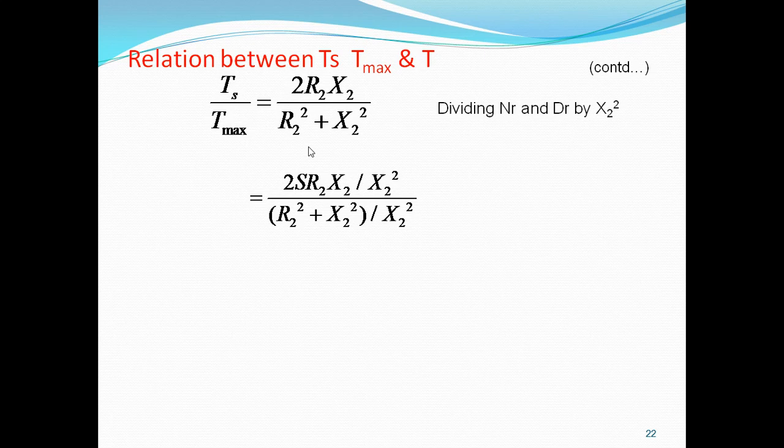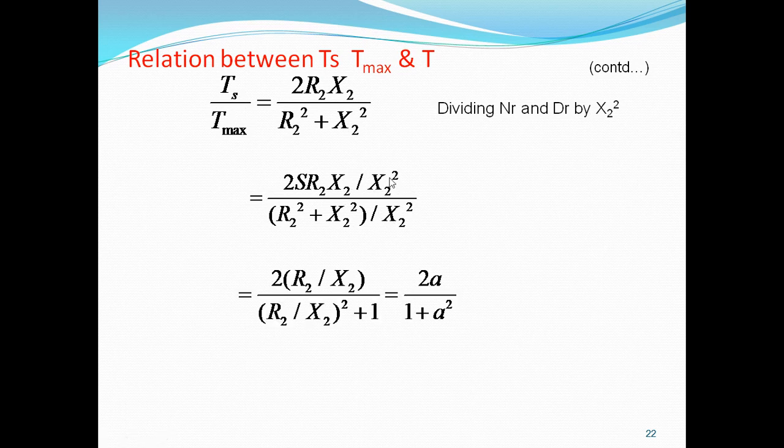Then X2 gets cancelled and it becomes 2 R2 by X2 divided by R2 by X2 whole square plus 1, where R2 by X2 is equal to a.